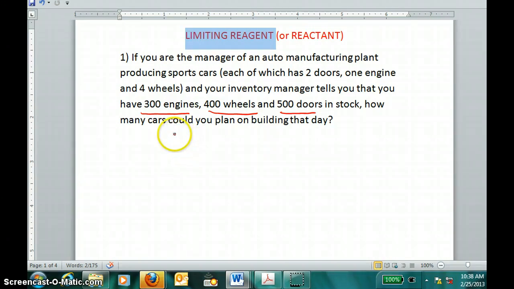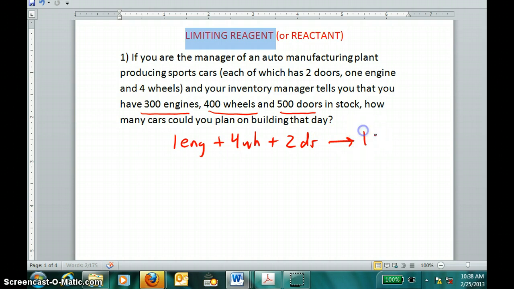Well, a simple equation tells me that we need one engine, four wheels, which I'll abbreviate WH, and two doors, DR, in order to produce a single car. Now I can deduce how many cars I'm capable of making that day. I do have 300 engines, and I need one to produce each car.